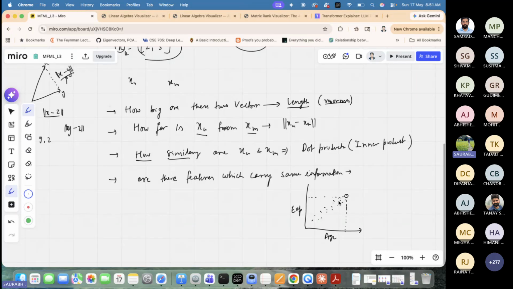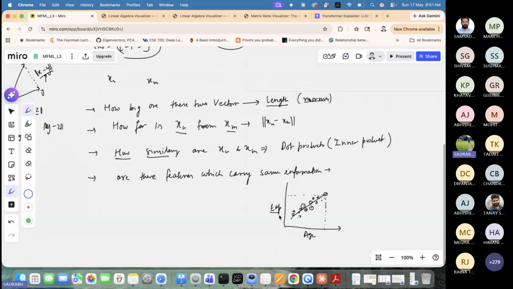Every individual could have a different age, different experience. That's why you see different values here, right? Now, when you have data scattered like this, you could see that there is some sort of correlation between them. Are there cases wherein these two features that we are taking, age and experience, are at all correlated, or they are very non-correlated, something like this?